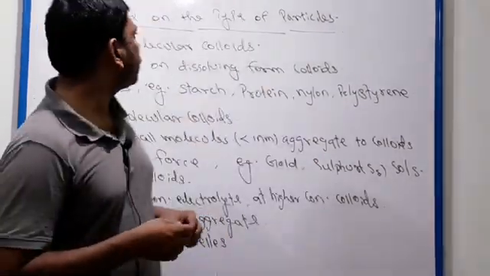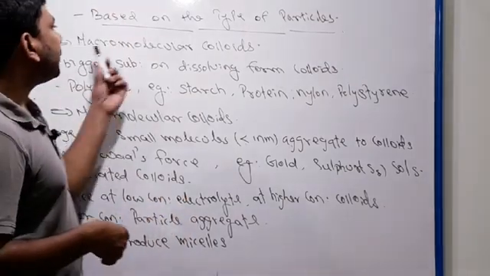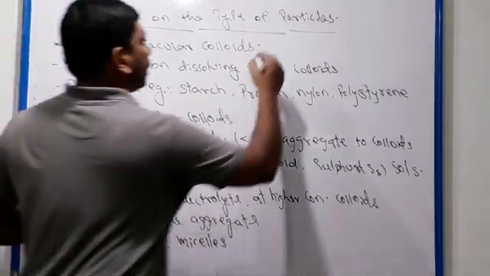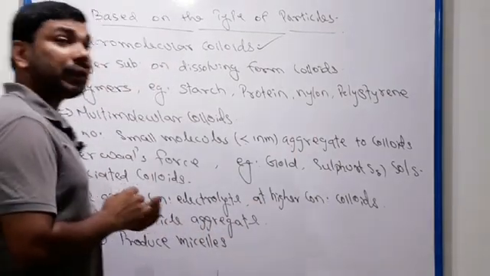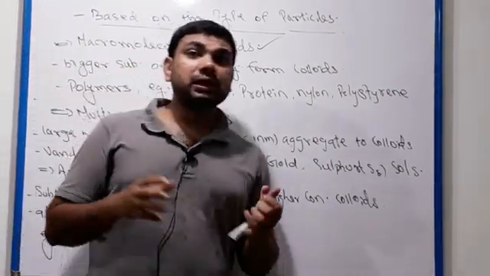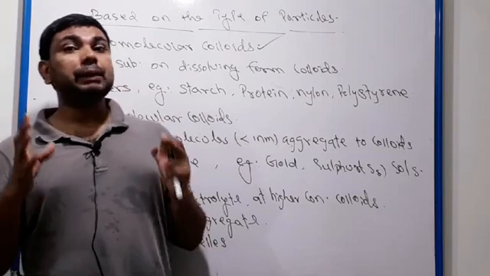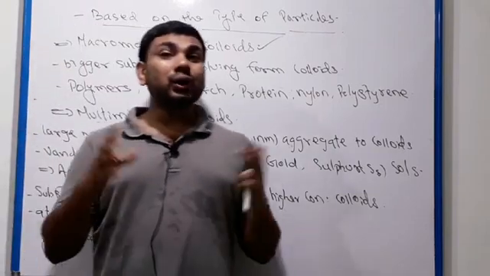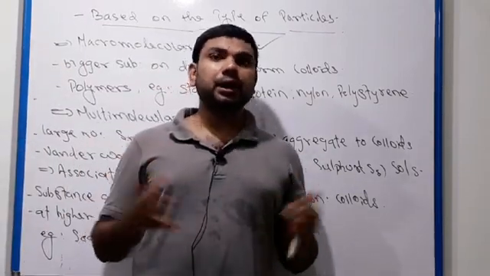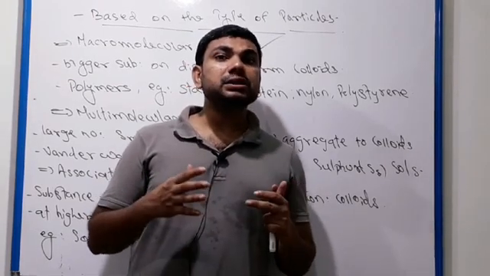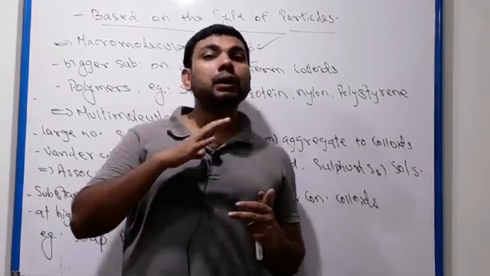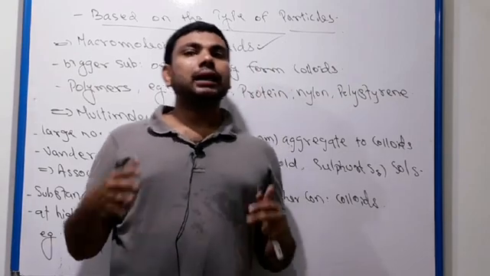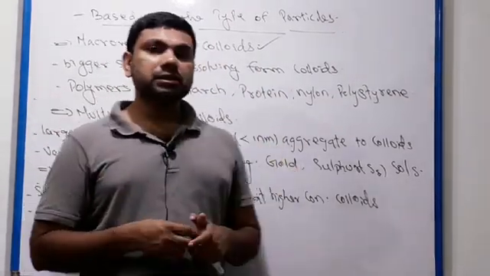The first one we have to understand is macromolecular colloid. In macromolecular colloid, the particles are bigger particles, large molecules like polymers. On disintegration, on breaking down, they form smaller particles with a diameter of about 1 nanometer, that is, colloidal particles.